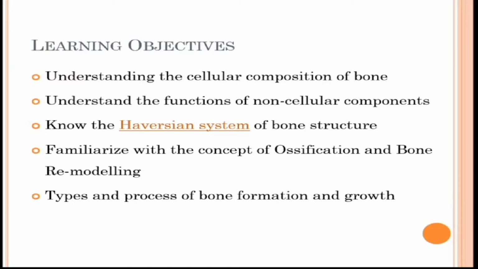So based on these two criteria, there are two types of the bone formation, ossification, and then there are two different types of the bone growth, like we studied the bone growth earlier in cartilage growth. Right, so let's start with our today's lecture.